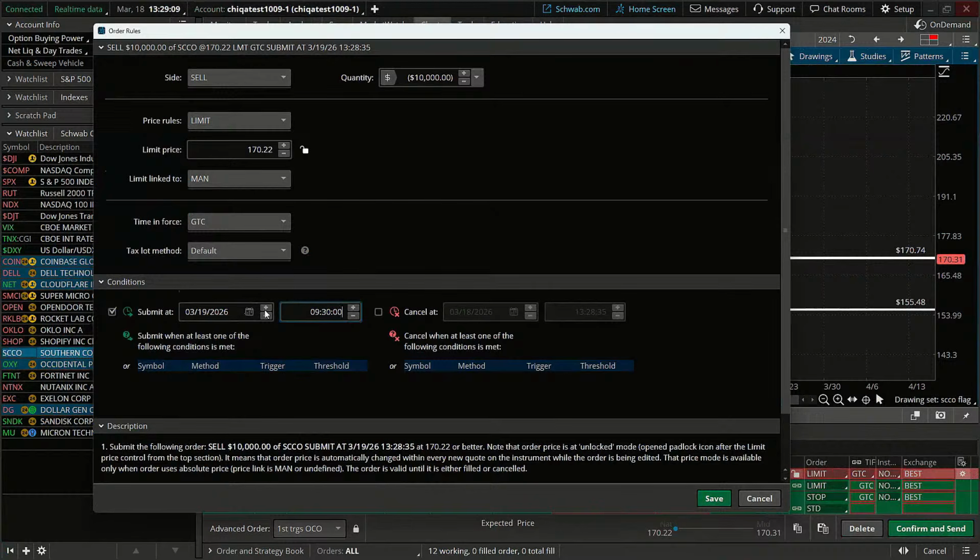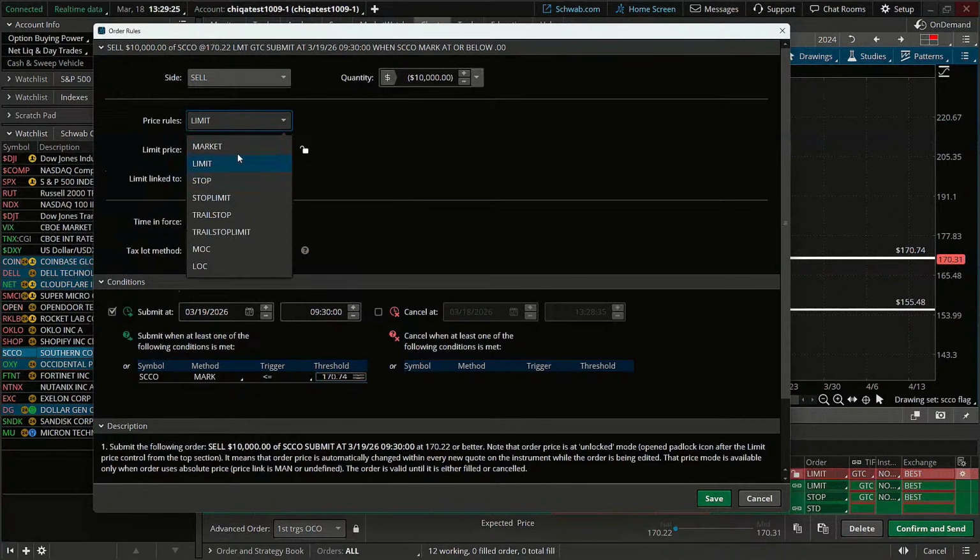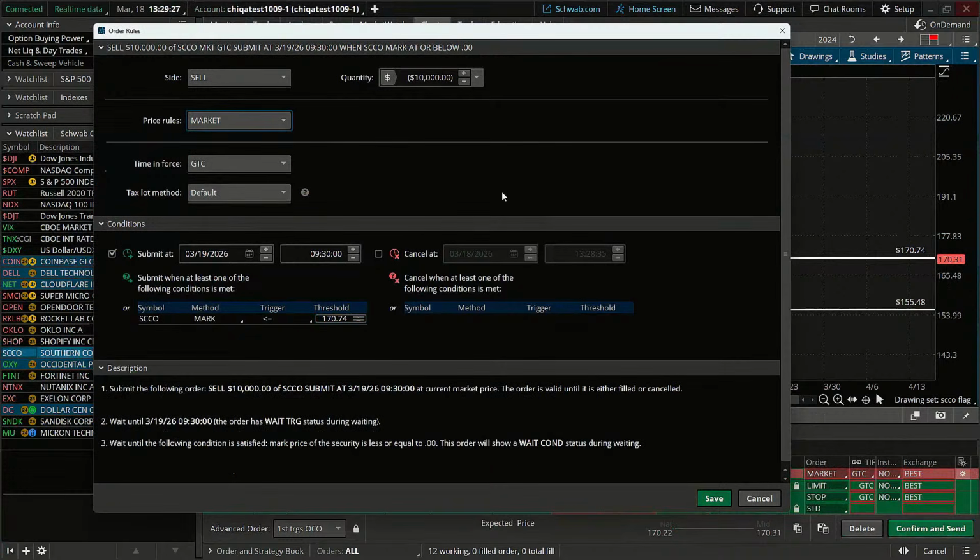Okay. So at tomorrow's market open, if Southern Copper is less than or equal to 170.74, we are going to send this order at market. Okay? So we're going to send a market order. It's going to fill at the next available price.